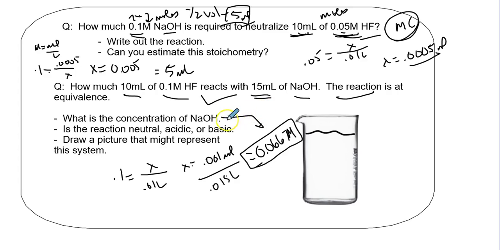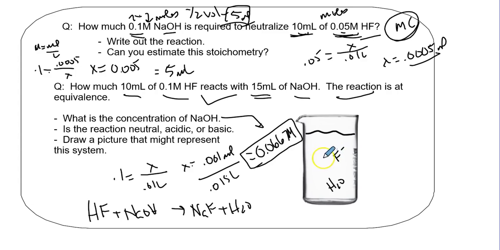So all we're doing is producing, well, let's draw a picture of it. They're equivalents, so we have some HF plus NaOH, and we're producing NaF plus water. If we draw a picture of this, we would just have water molecules, F negative molecules, and Na plus molecules.